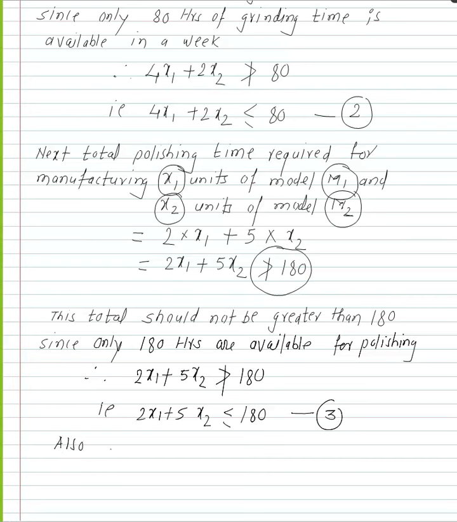Also, the non-negativity constraints are there. Both quantities x1 and x2 are non-negative. x1 is the number of units of model M1 produced in the firm. This number cannot be negative. Similarly, x2 is the number of units of model M2 produced in the firm. This number cannot be negative.